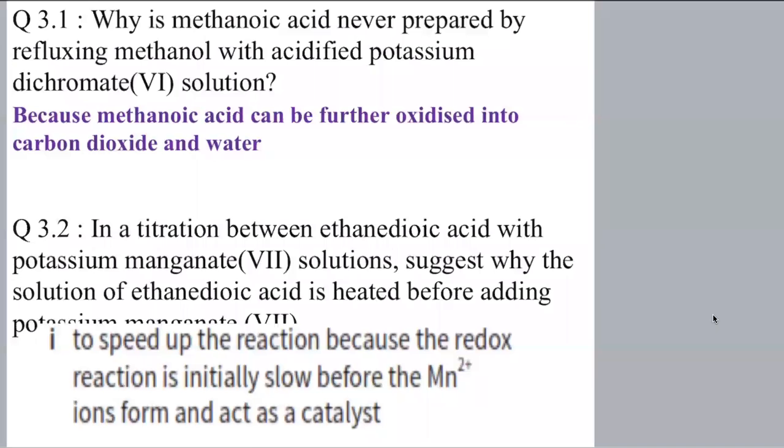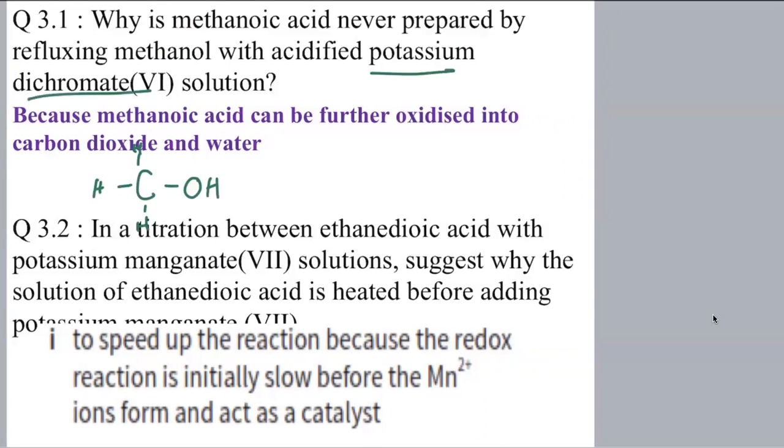Okay, moving on. Why is methanoic acid never prepared by refluxing methanol with acidified potassium dichromate? Basically, they're saying we can react methanol, which is CH3OH, I'll draw it out, with acidified potassium dichromate.